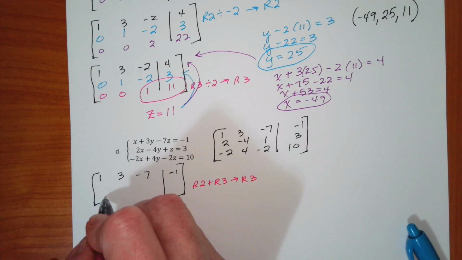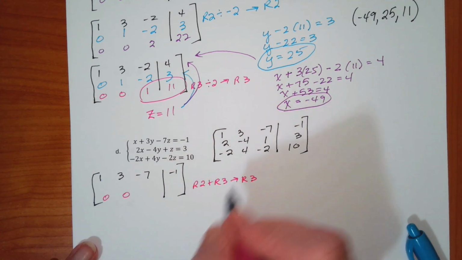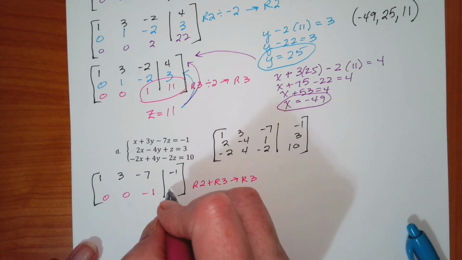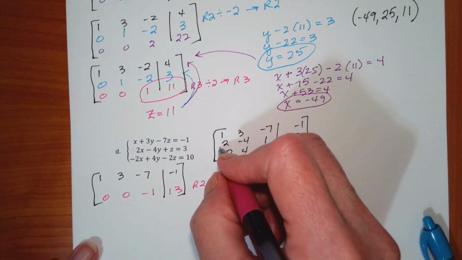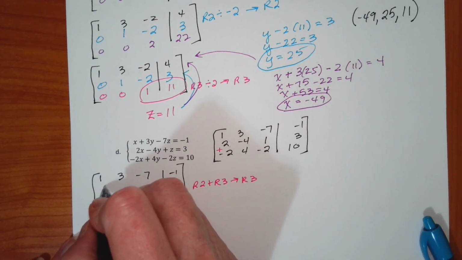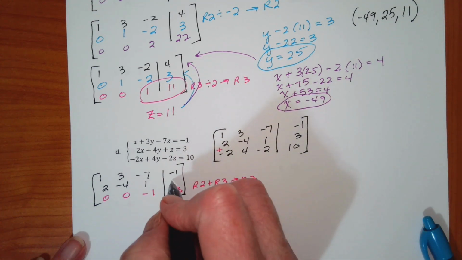So that's going to give me 0, 0, negative 1, and 13 when I just add these two rows together. And just to make sure that we do this one step at a time, then this is 2, negative 4, 1, 3.